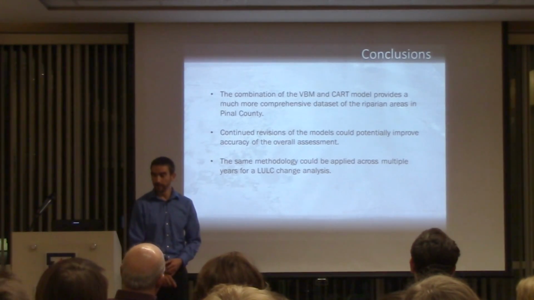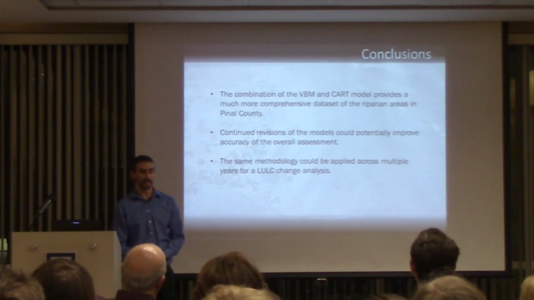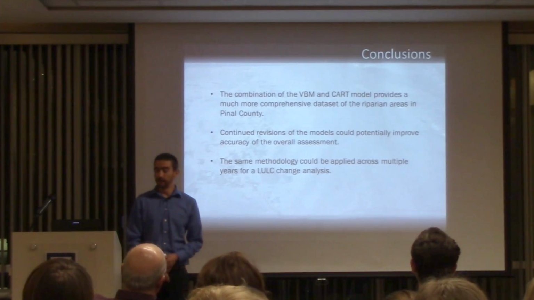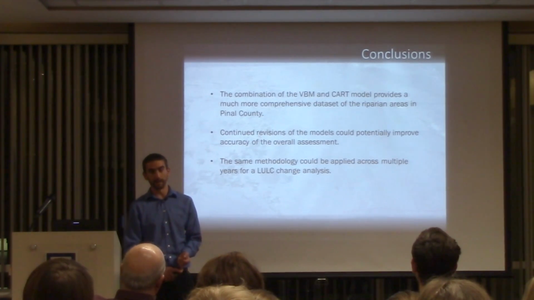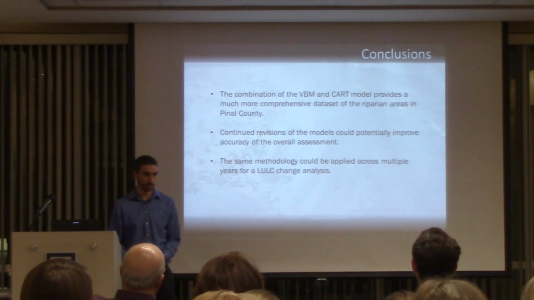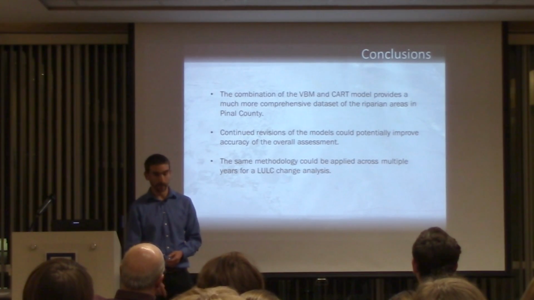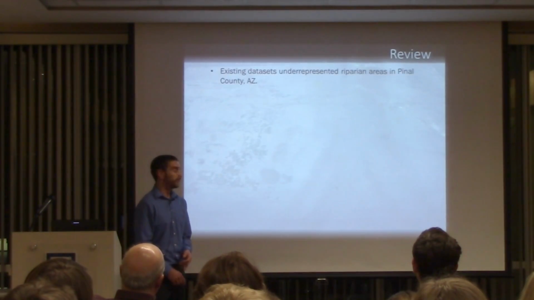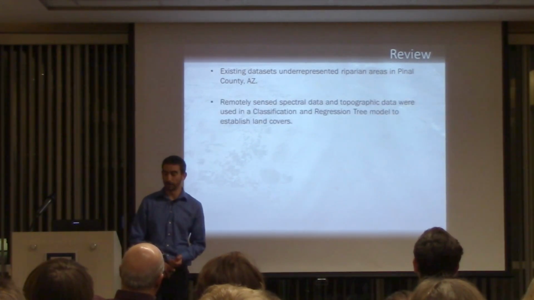In conclusion, the combination of both models provided a much more comprehensive data set of riparian areas in Pinal County. This could get revised continually to provide a more accurate assessment if you wanted to. And then you could also apply this to successive years of imagery to produce a change analysis if you wanted to. Just to review, the existing data sets underrepresented riparian areas in Pinal County.